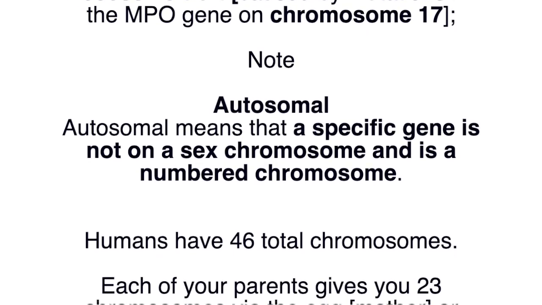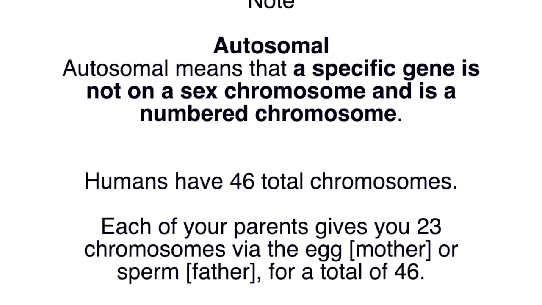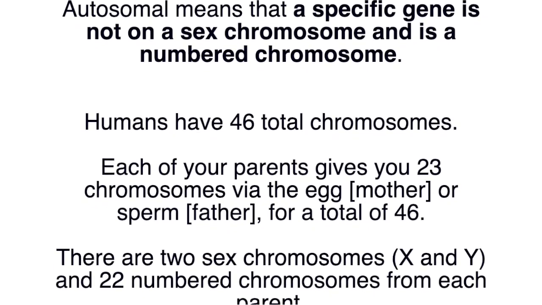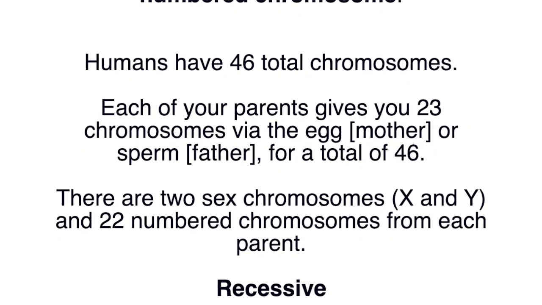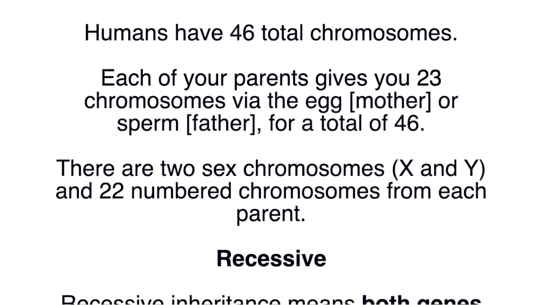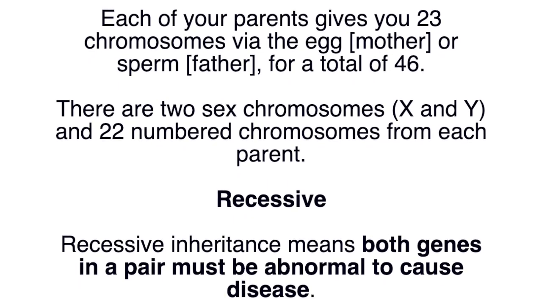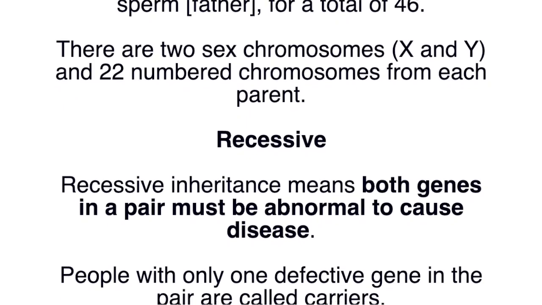Humans have 46 chromosomes. Each parent gives you 23 chromosomes via the egg, that is from mother, or sperm, that is from father, for a total of 46 chromosomes. There are 2 sex chromosomes, X and Y, and 22 numbered chromosomes from each parent.